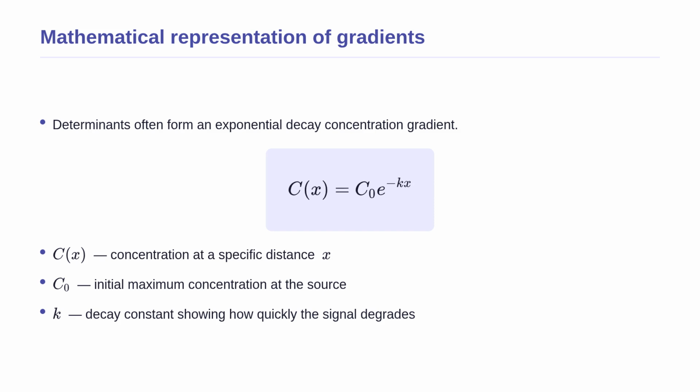We model this exponential decay using the formula C(x) = C₀ · e^(−kx). Here, C(x) represents the concentration at a specific distance x from the source. C₀ is the initial, maximum concentration at the very origin. The constant e is the base of the natural logarithm, and k is the decay constant, which tells us how quickly the determinant degrades. If k increases, the concentration drops off much faster.